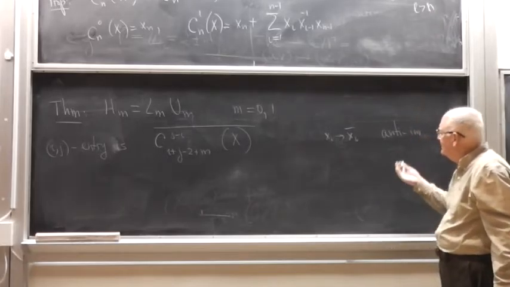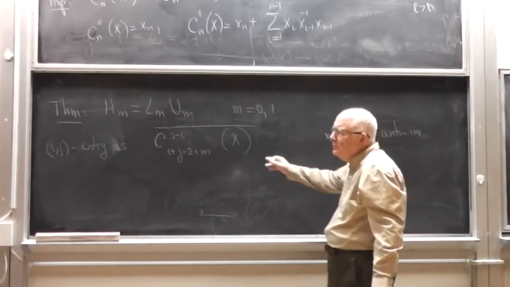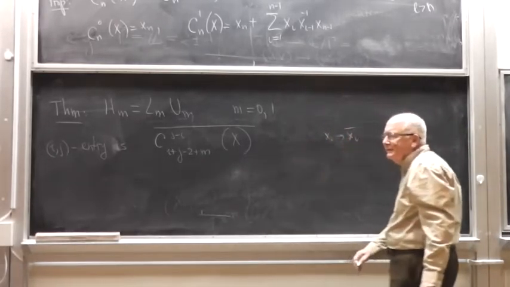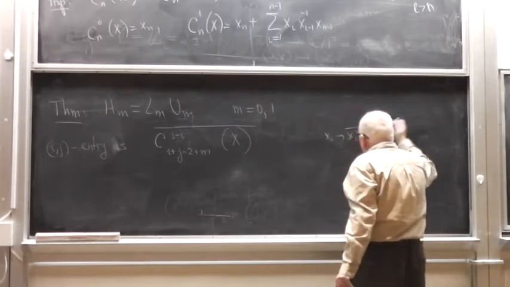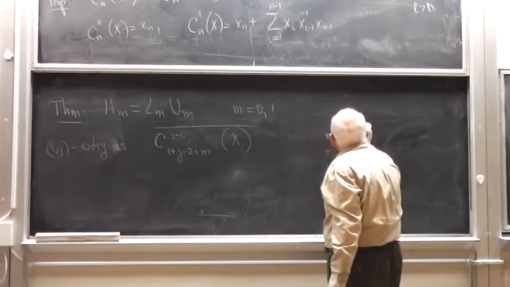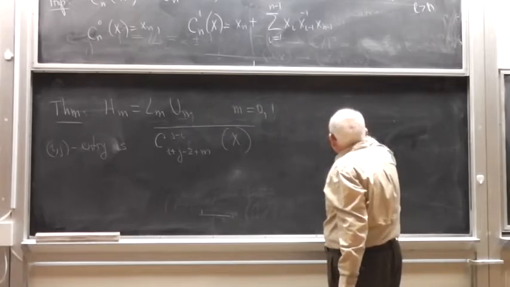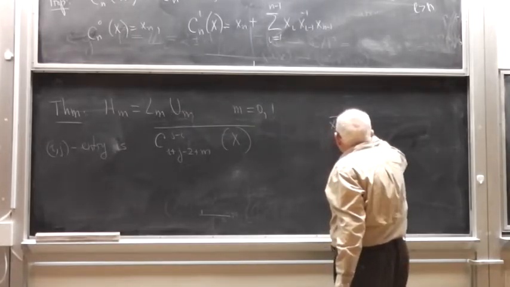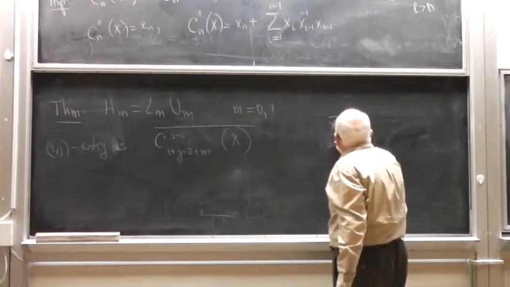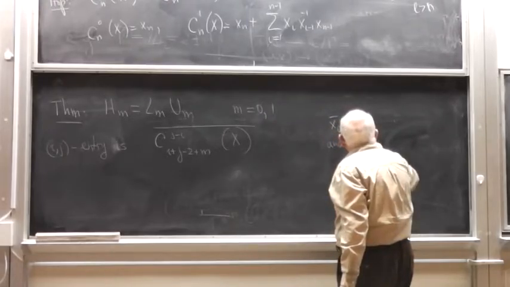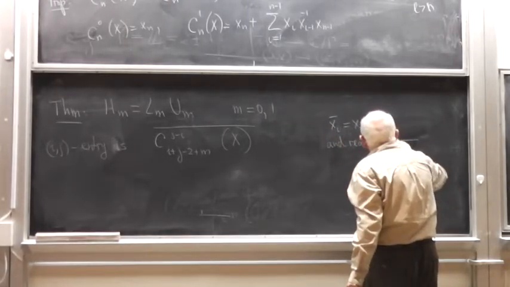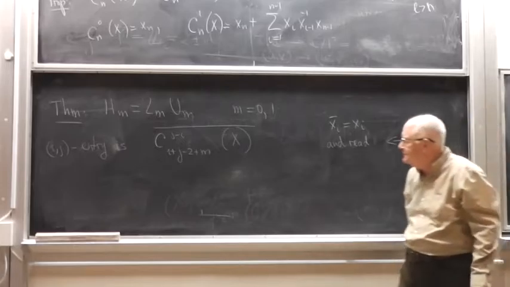So when you read, you have to read all monomials from right to left. So it's xi, and then read from right to left. So that's this one.